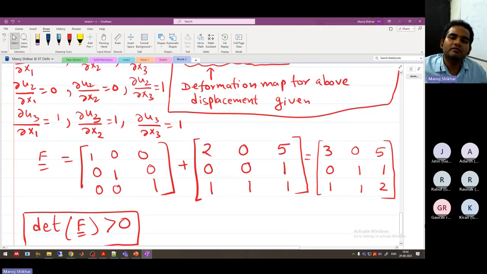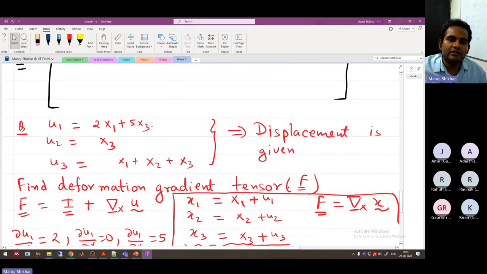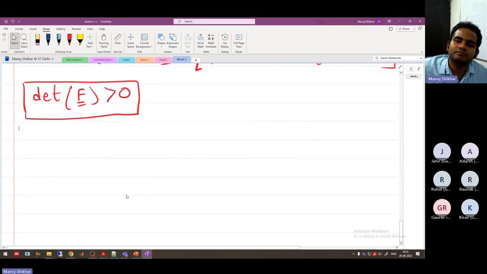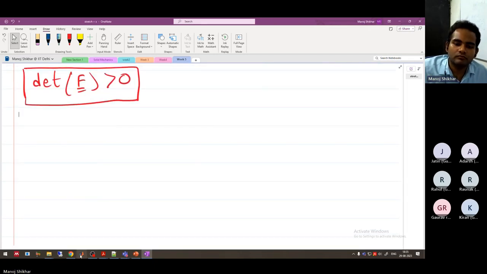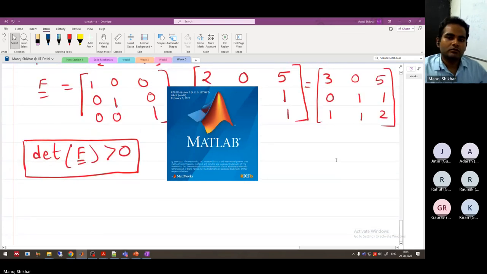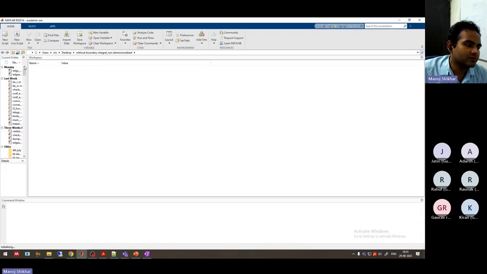But here I have taken it randomly, instantly in this class, so I'm not sure if it will be greater than 0 or not, but ideally it should be greater than 0. So you can check that. So we have dealt with the deformation gradient tensor.